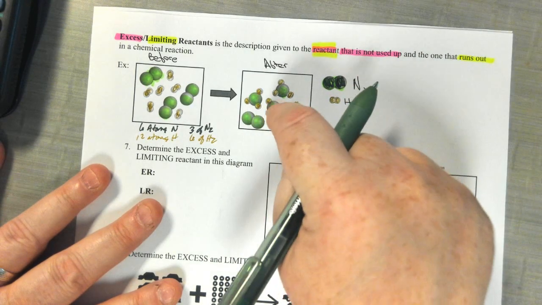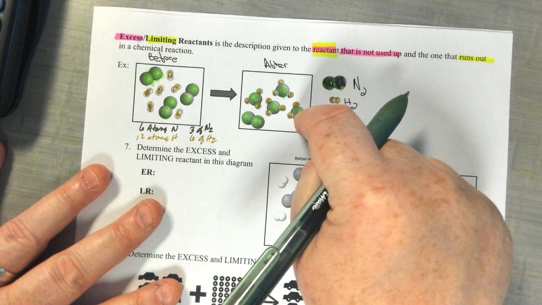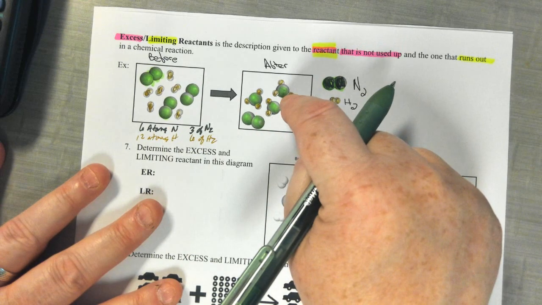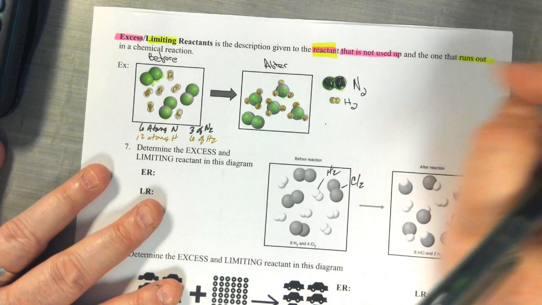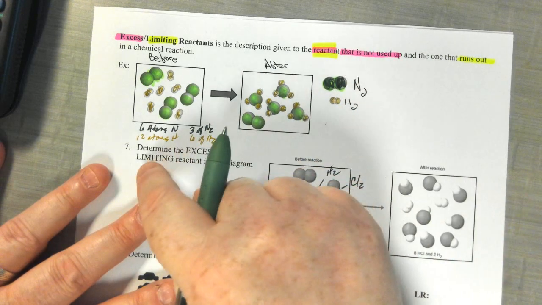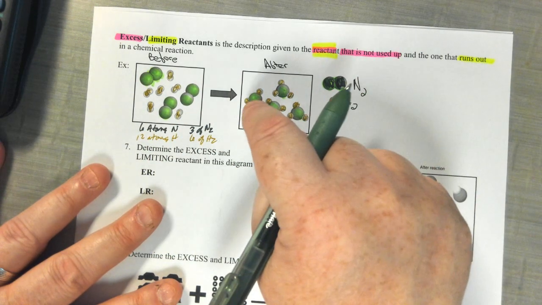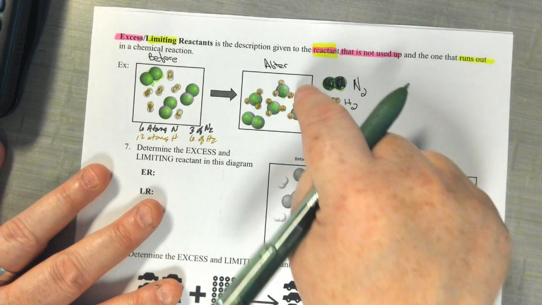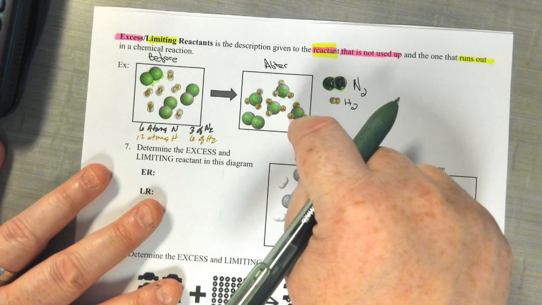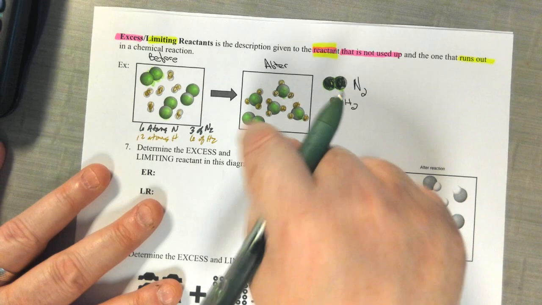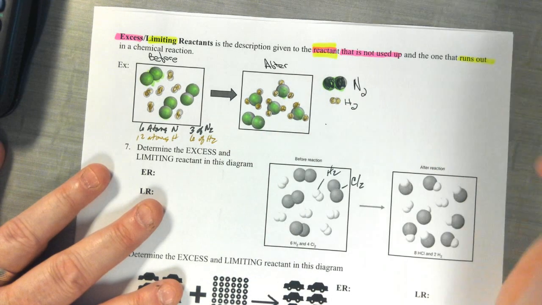So here we got 1, 2, 3, 4 atoms of the N that bonded with 3 atoms of hydrogen. Well, I have 12 atoms of hydrogen, so let's count them up. 3, 6, 9, 12. So it looks like all of the hydrogen got used up, and we have some nitrogen that's not bonded.